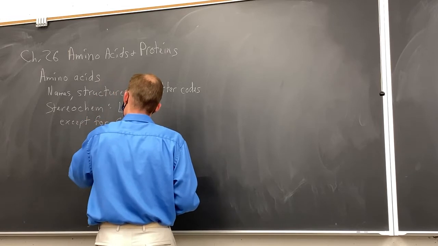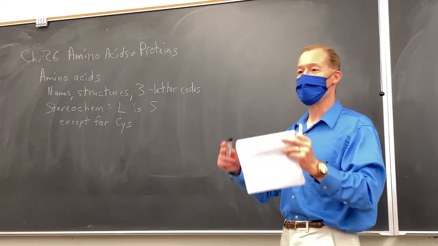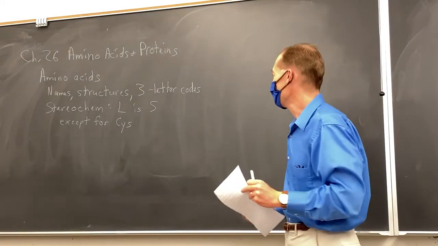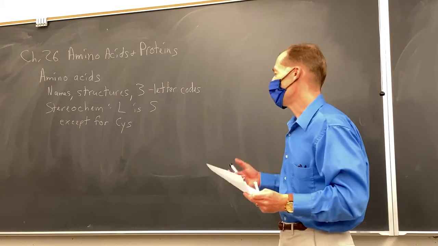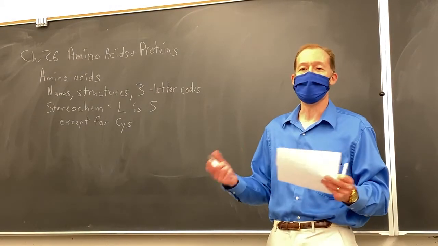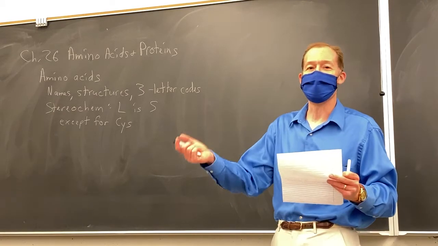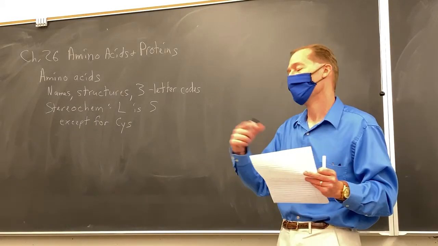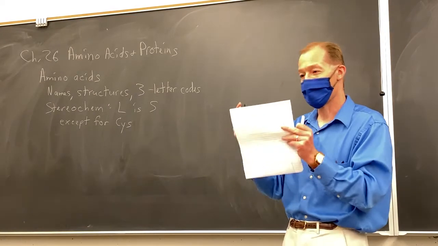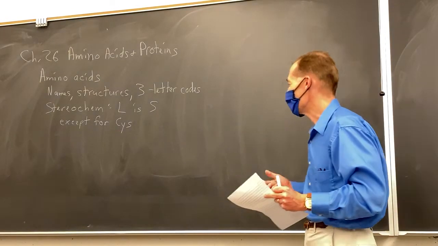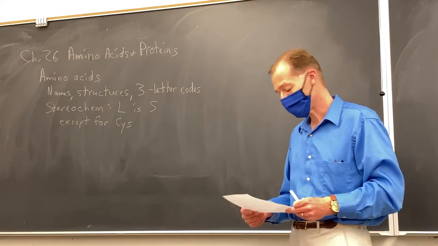Remember that cysteine looks the same as all the other amino acids. It's not the opposite configuration. It's just a quirk of the R and S assignment methodology with the sulfur in the side chain giving that atom a higher priority than others. So the priority of the groups is switched, but the actual orientation is the same with cysteine as it is with the other amino acids.